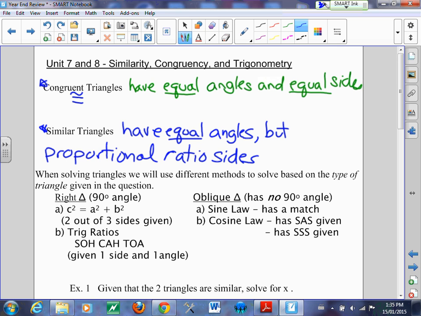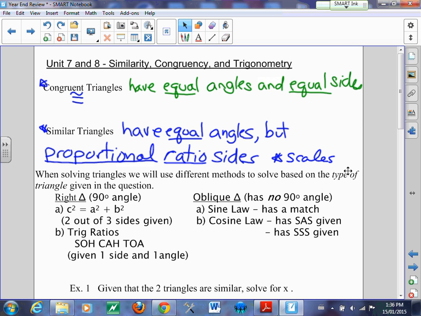Okay, so maybe one triangle is 3 times the size of the second triangle, or a third of the size. I always think about this if you have scales, like on a map, right? Okay, think about scales. And the short form for similar triangles is just a tilde. Okay, so that's the symbol used for similar triangles, and for congruent, it's the equal sign with the tilde on top.